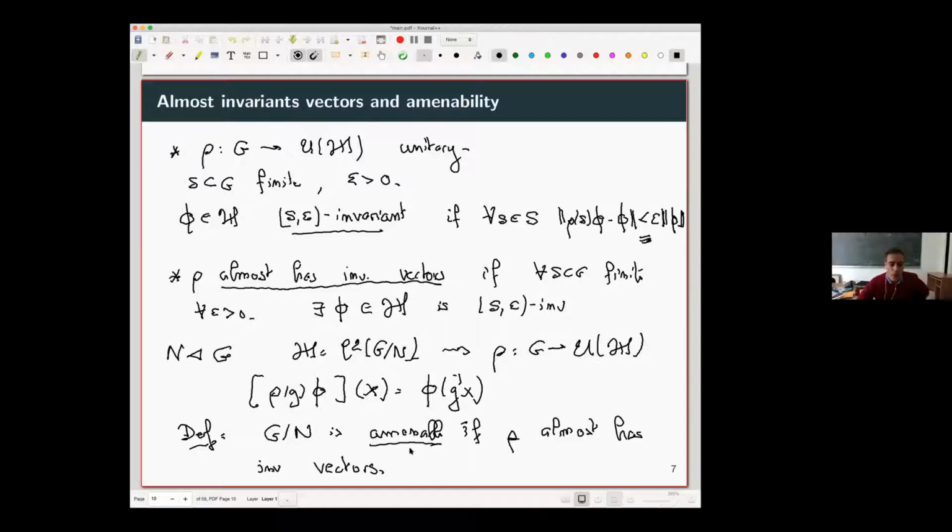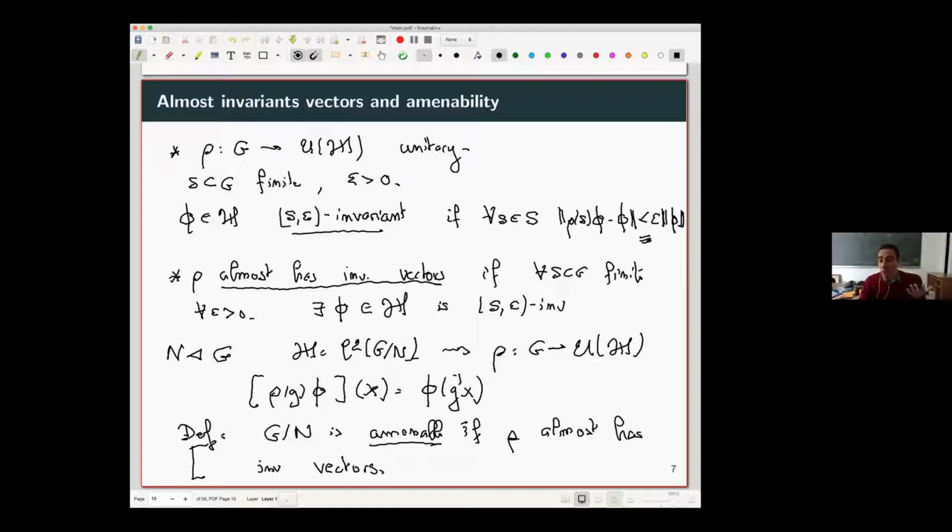The reason why I like this definition is that we'll see next time that it generalizes very easily to the situation where the subgroup N is not normal. That would be nice. And also, if you think of property T, that's a good framework to work with.